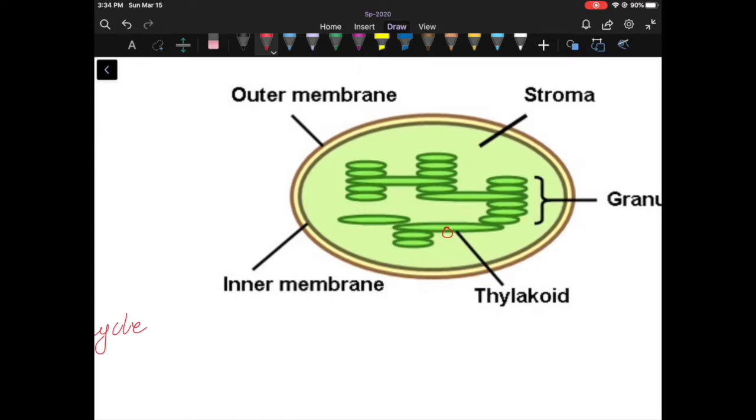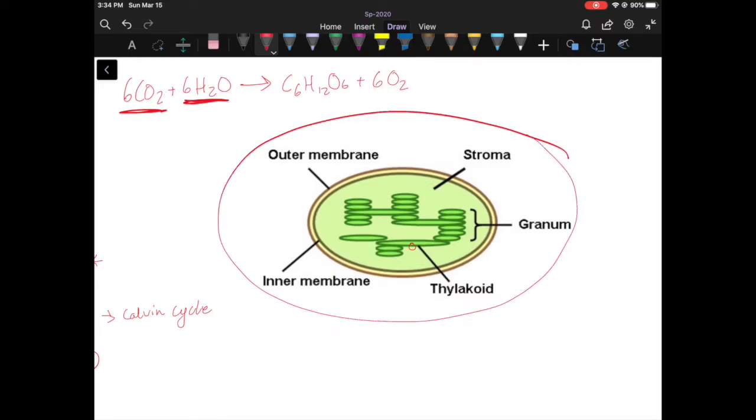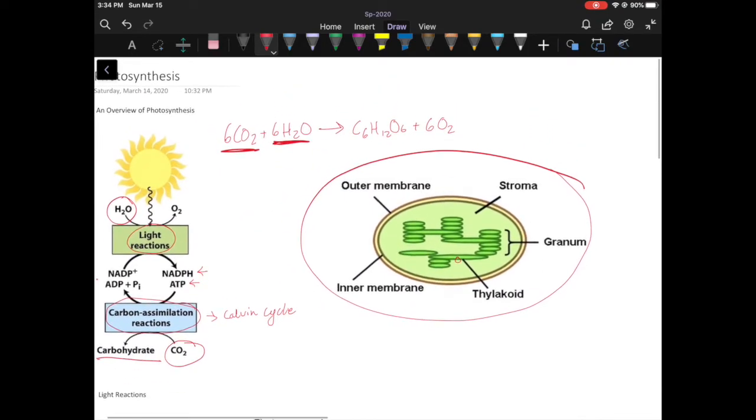And so that's inside the chloroplast. So this whole thing right here is the chloroplast, and then inside we have things that are known as thylakoids. And so light reactions occur in the thylakoid membrane, and then the dark reactions just occur in the stroma.